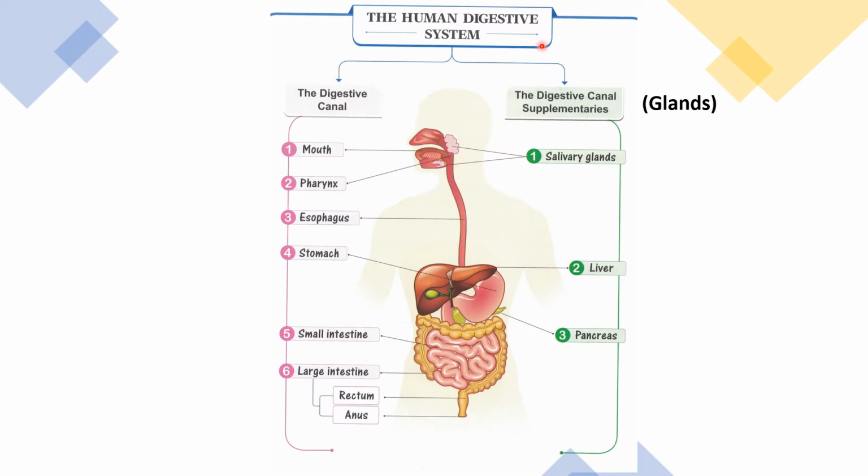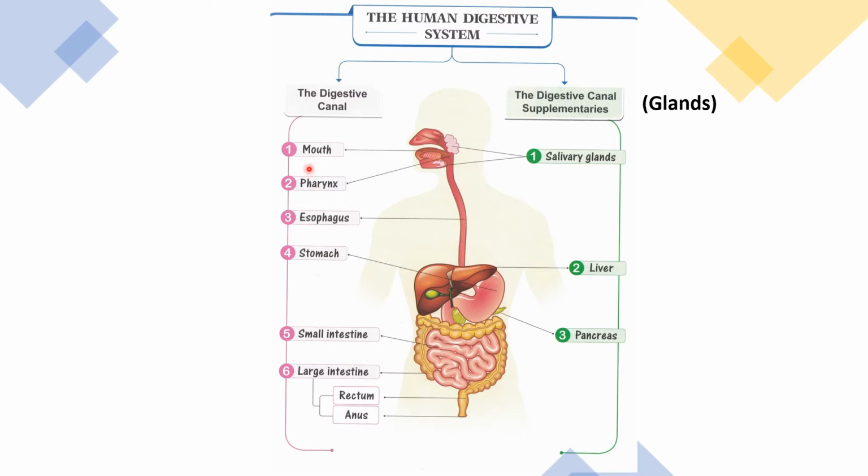The human digestive system is made up of the digestive canal and digestive canal supplementaries, which are known as glands. The digestive canal is a long duct that starts with the mouth and ends with the anus.